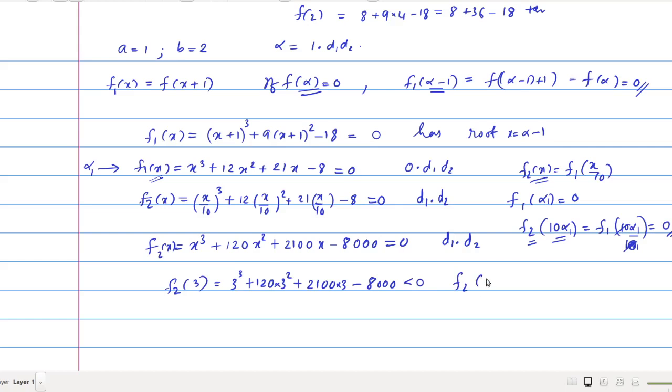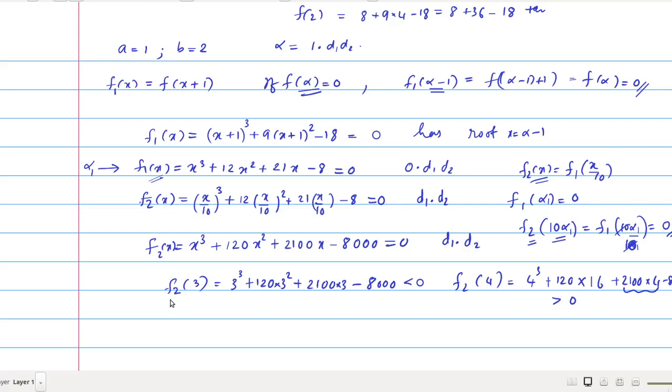Similarly, you evaluate f2 of 4. Okay, f2 of 4 is 4 cube plus 120 into 16, that is 4 square, plus 2100 into 4 minus 8000. This number is greater than this 8000, so this is always greater than 0.